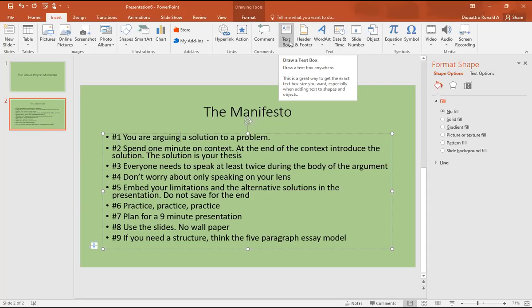So use your slides. Your slides are not wallpaper. What should your first slide be? And what is the title? Not the question. Not the question. The solution. Your papers were the question. Your presentation is the solution.